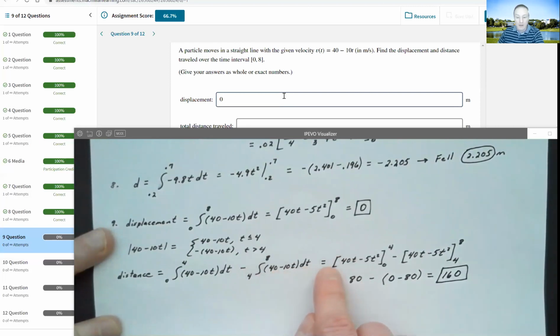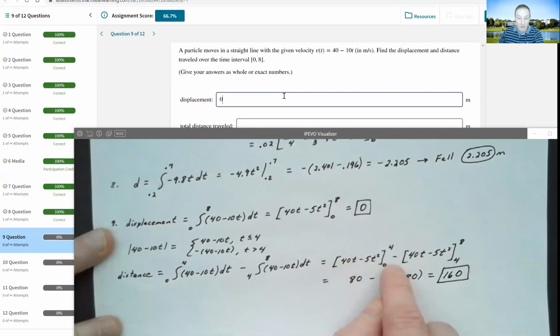And now I can go in and say, well, all right, just as above, the integral is just 40t minus 5t squared. We're evaluating that between 0 and 4. That's going to give you 40 times 4 is 160. Minus 5 times 16 is 80. 160 minus 80 is 80. Notice, you don't worry about the lower limit. We already knew that was 0.